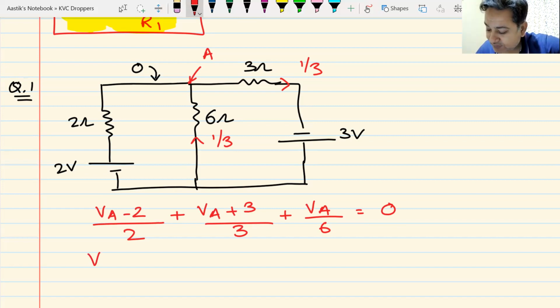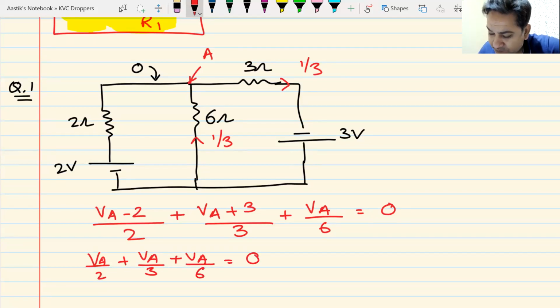So I can write it like this, VA by 2 plus VA by 3 plus VA by 6 is equal to 0, yes? Yes, sir. So VA basically is 0.